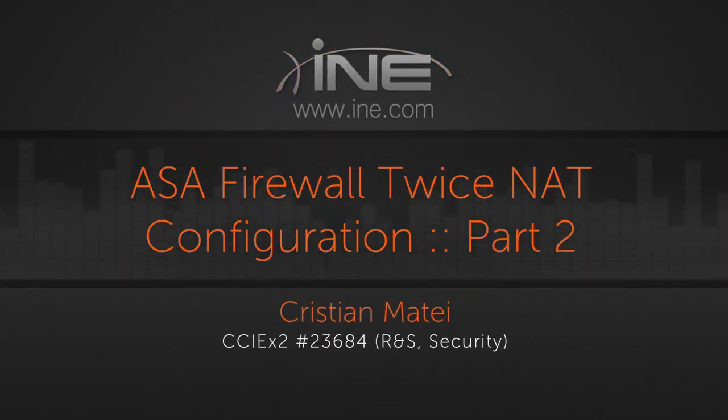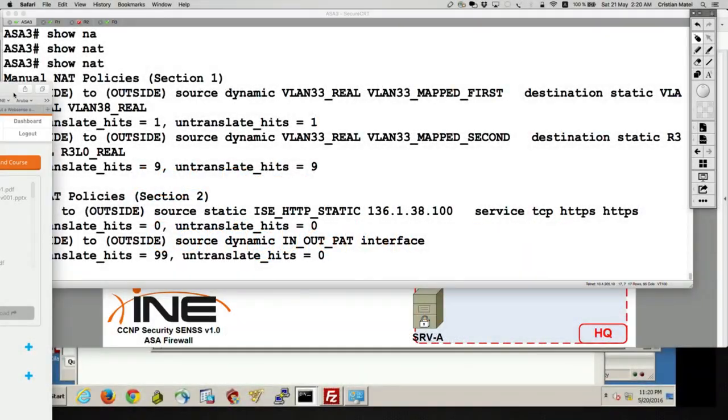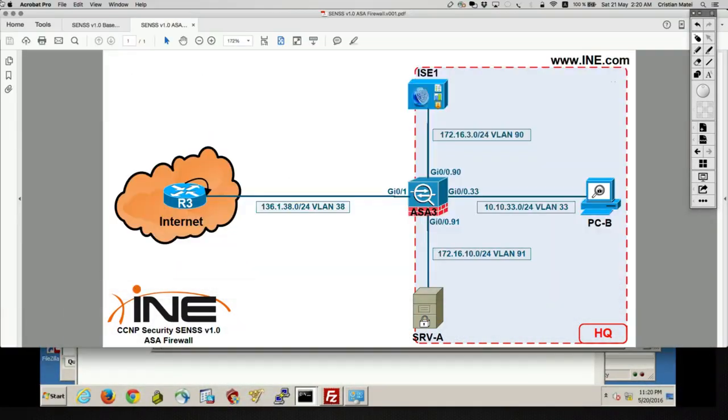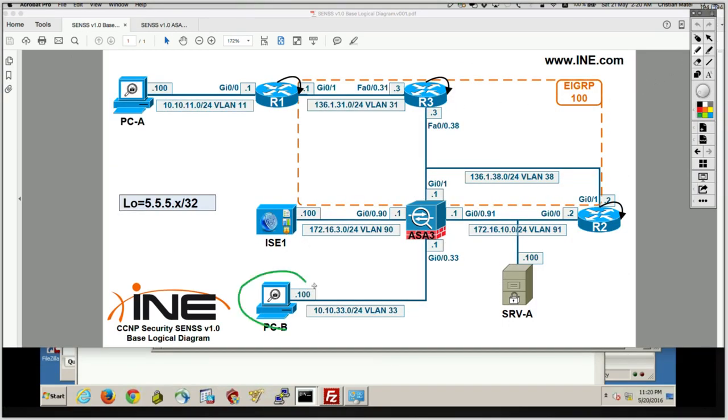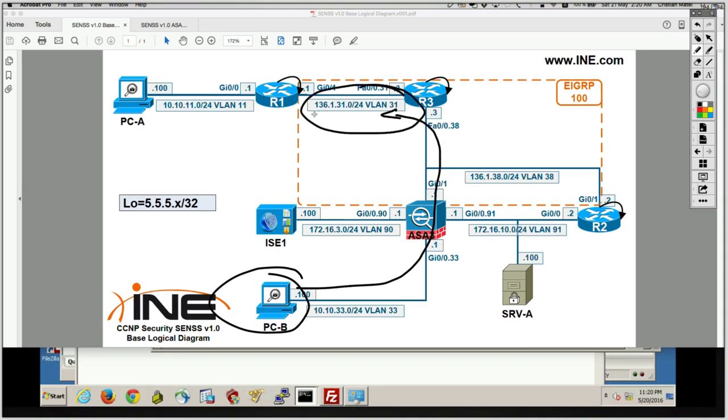Because now looking even further on our diagram, if I would send traffic from, let's say, PCB but destined to VLAN 31, this traffic is going to match none of my twice NAT statements.